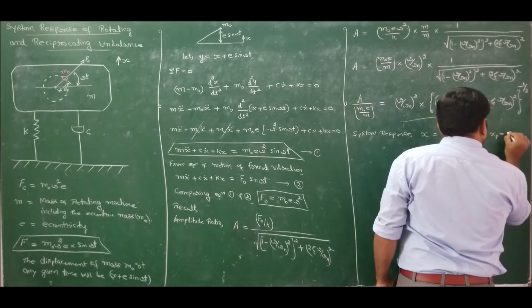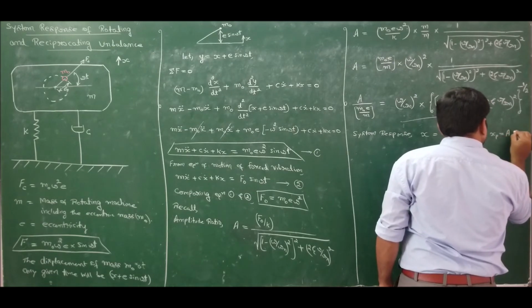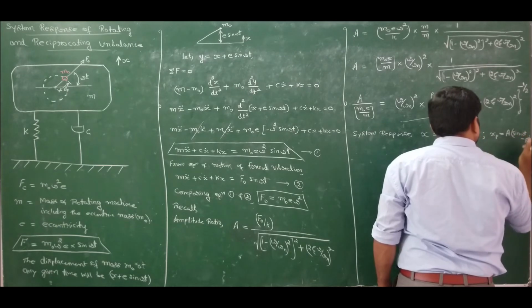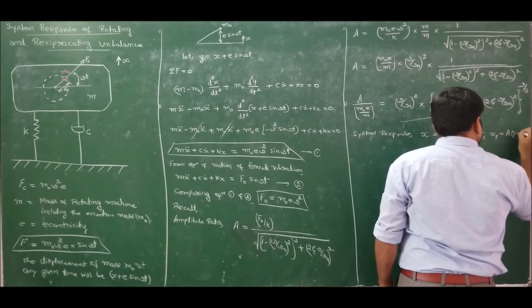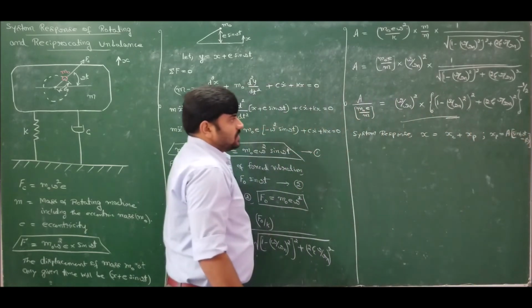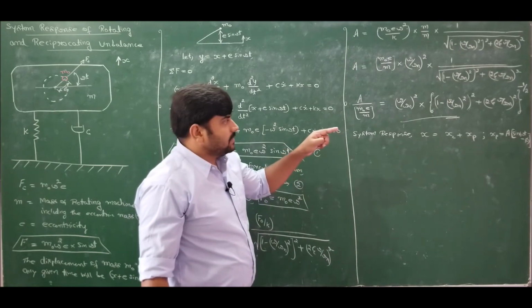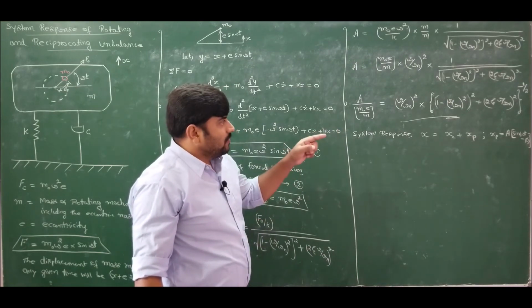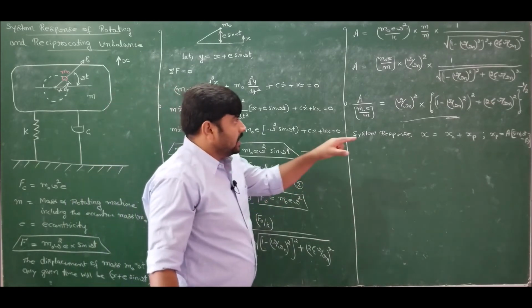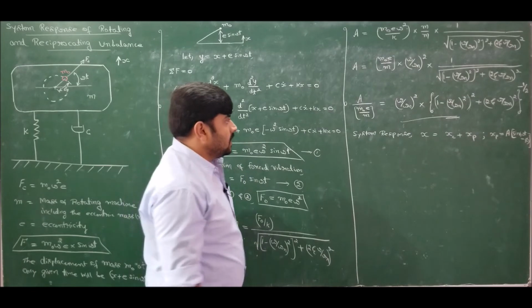The particular solution is amplitude of vibration times sin omega t minus phi, where A is the amplitude of vibration and phi is the phase difference between the excitation force F and the amplitude of vibration, correct?